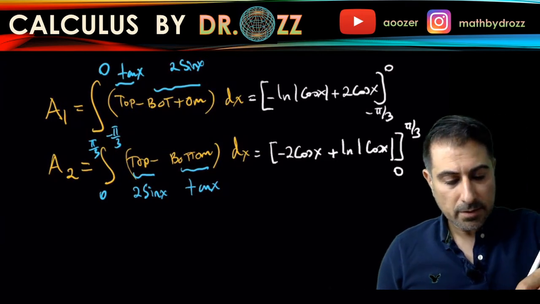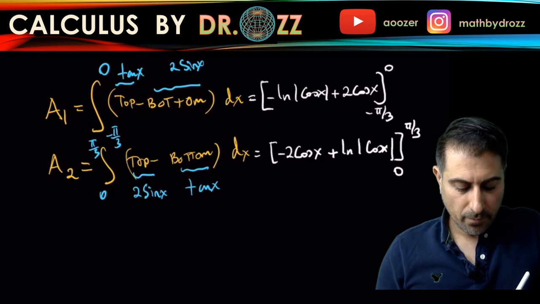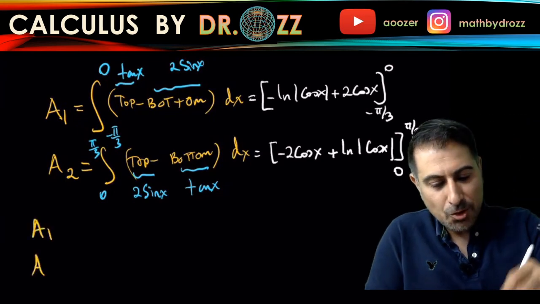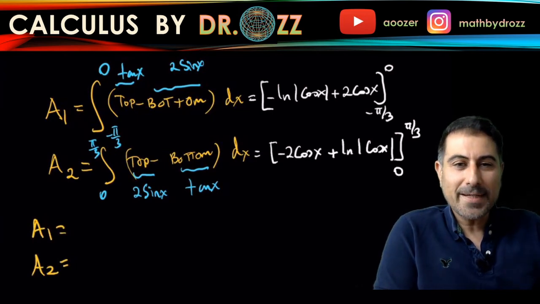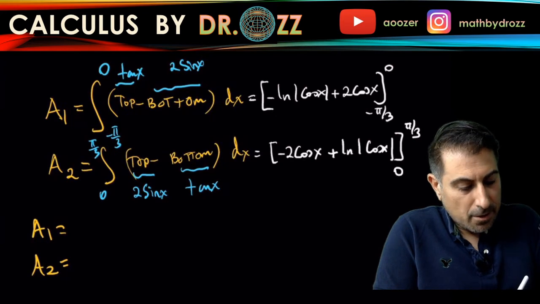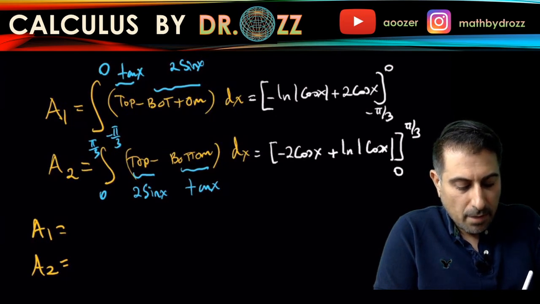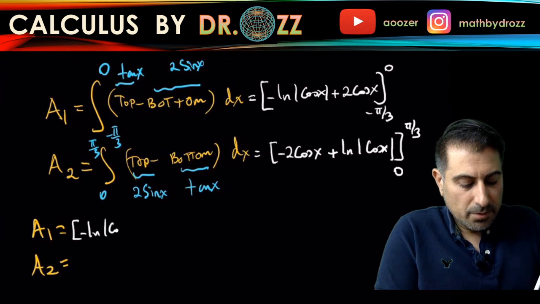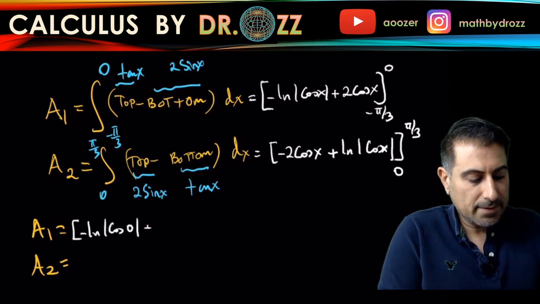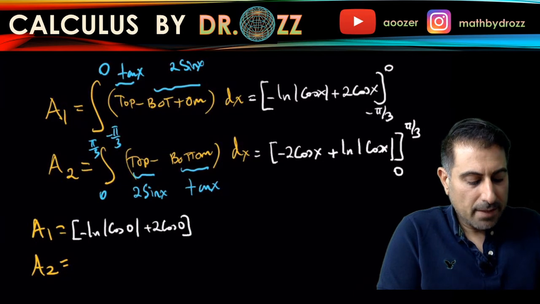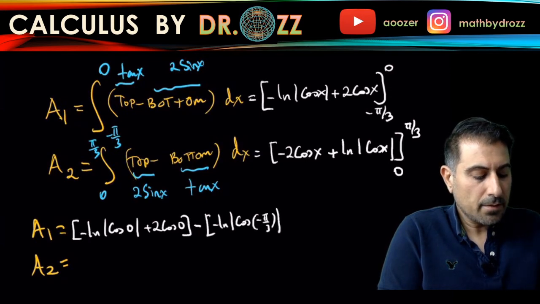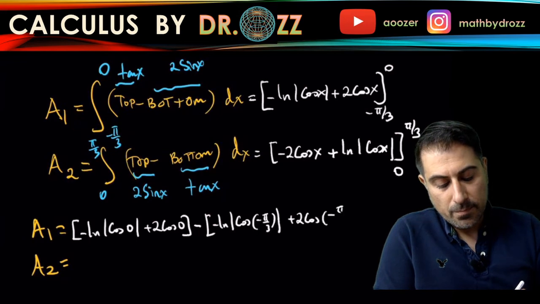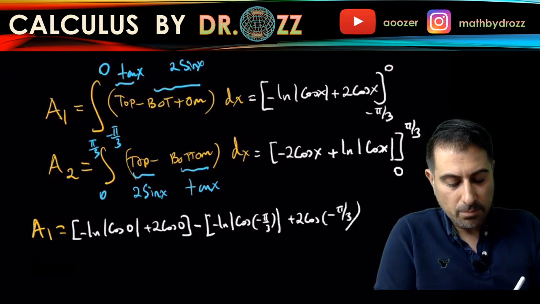Okay? So now let's evaluate A1 and A2 by the fundamental theorem of calculus. So let's plug in the upper limit. Minus ln cosine 0 plus 2 cosine 0 minus ln cosine negative pi over 3 plus 2 cosine negative pi over 3. Okay, let me write A2 a little bit below.